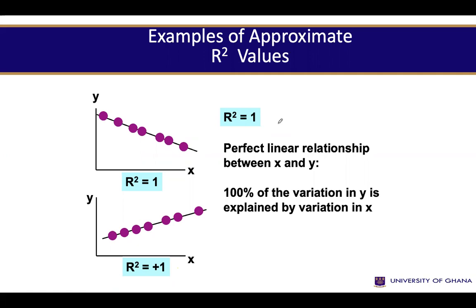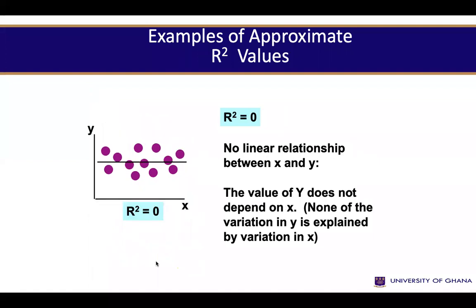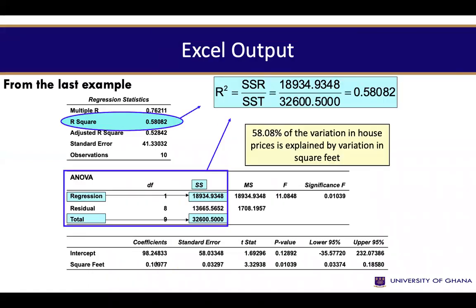If R squared is closer to 0, then the weaker the relationship and the less fitting the model would be. Here is a weaker linear relationship, and you can see that not all the variation in the model is explained by X. And here we can have a 0 R squared.